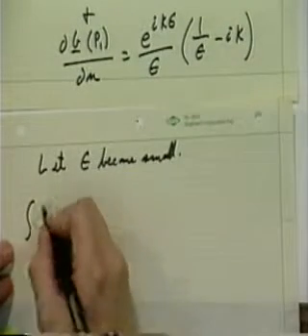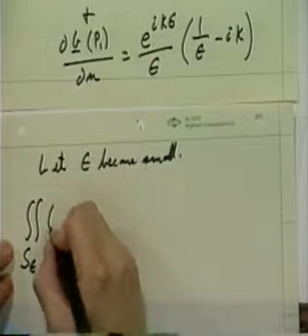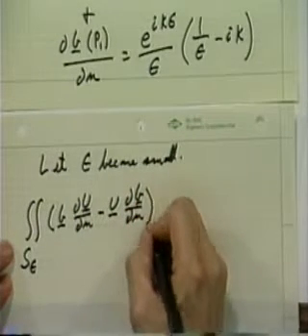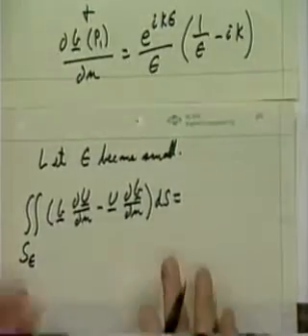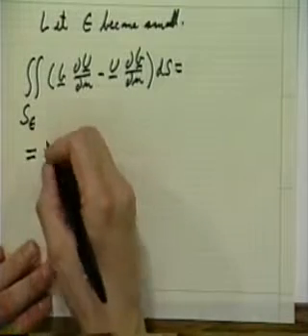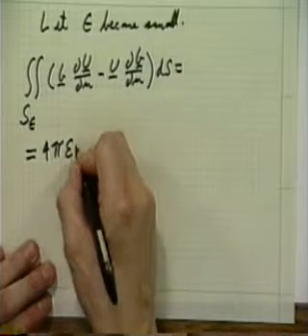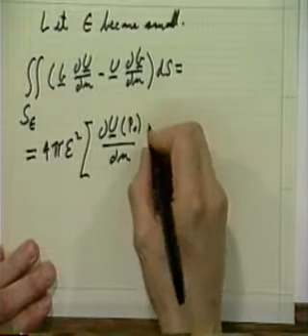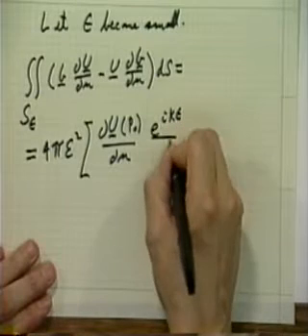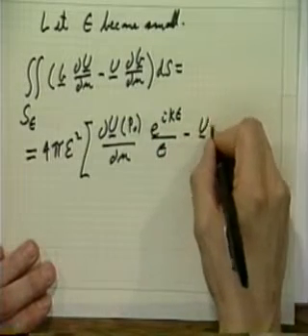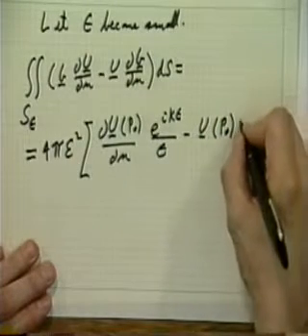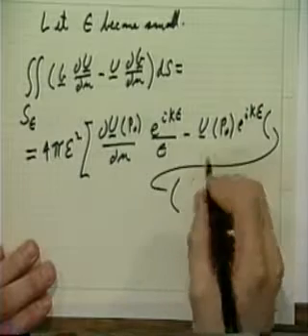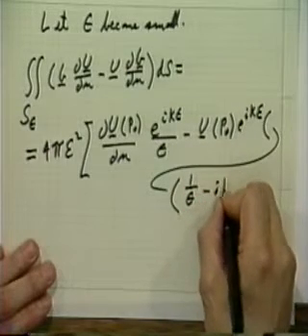So epsilon has become small, so we have the integral over S epsilon of G partial of u with respect to n, minus u partial G with respect to n, dS, is equal to 4 pi epsilon squared times the partial of u at point P naught relative to n, e to the i k epsilon over epsilon, minus u at point P naught, e to the i k epsilon times 1 over epsilon minus ik.